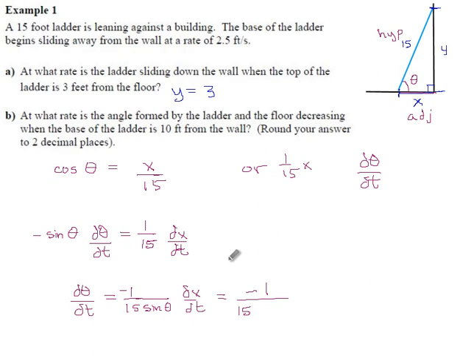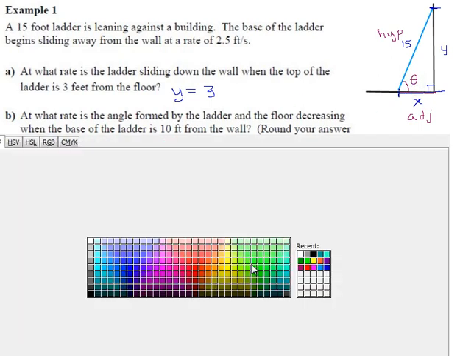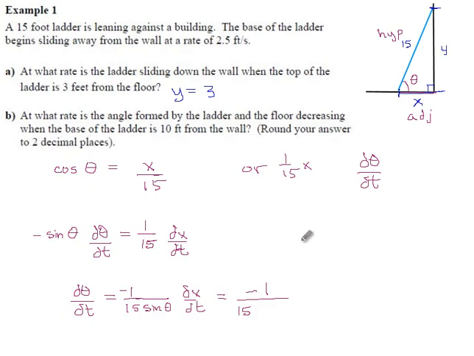So, negative 1/15 sine theta. What is sine theta here? You know what, they've changed the positions here, so we can't trust these numbers. I'm going to draw this diagram again. Sorry, I should probably have done this at the beginning, but here is our floor. Here is our wall. And for this question, they're saying the base of the ladder is 10 feet out from the wall.